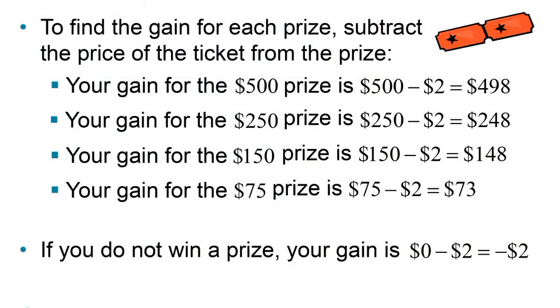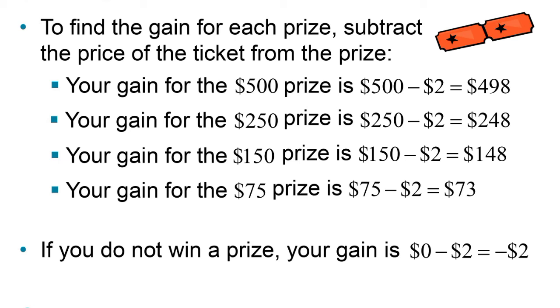The first step is that you need to find out how much you can gain from each prize. Recall that the price of the ticket is $2. So, subtract: 500 minus 2 is equal to 498. 250 minus 2 is equal to 248. 150 minus 2 is equal to 148.